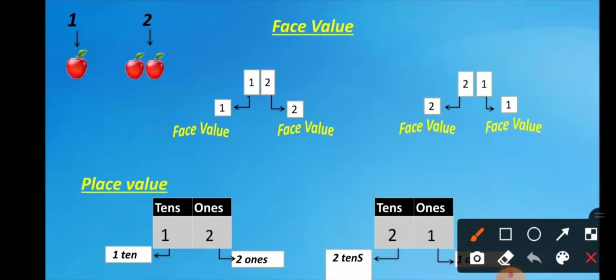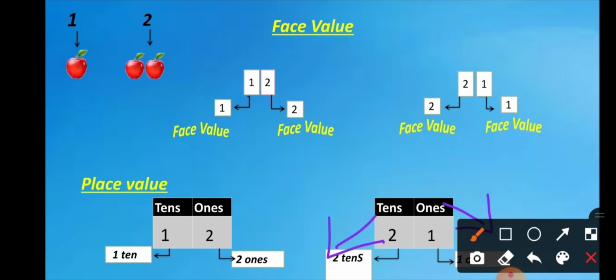So the place value of 1 is 1 one and place value of 2 is 2 tens. So kids, in place value, if a digit changes place, then place value will change. Okay, place value will change and face value will not change if the digit is in any place.